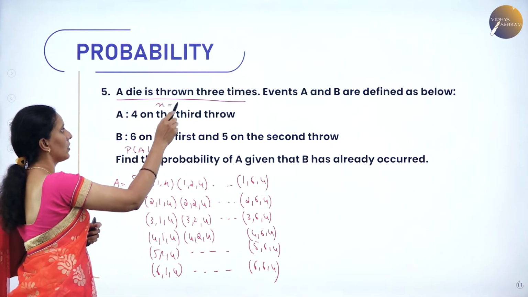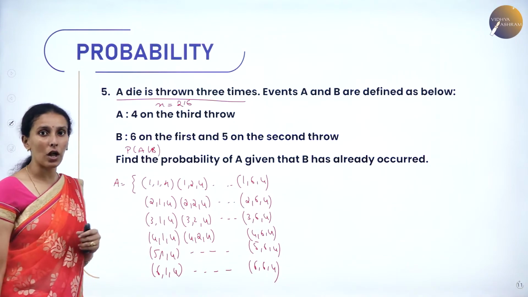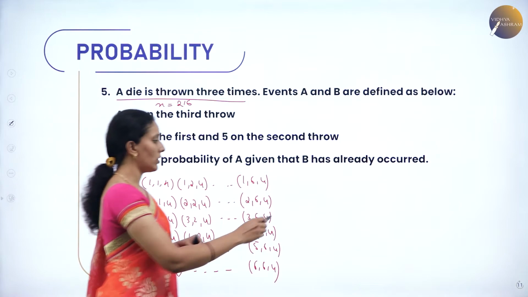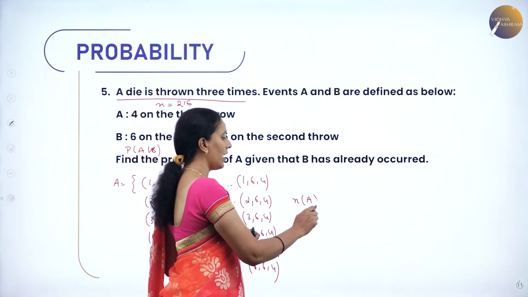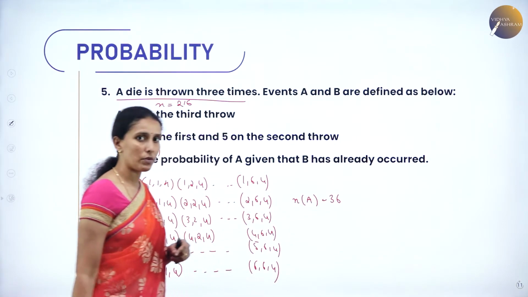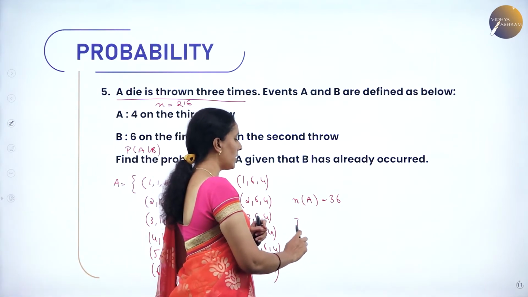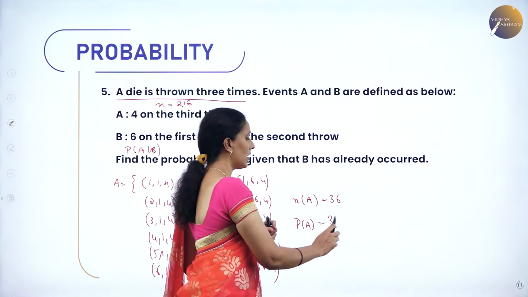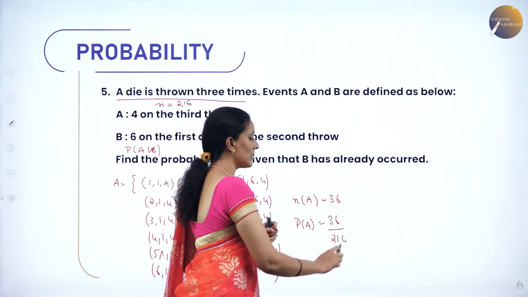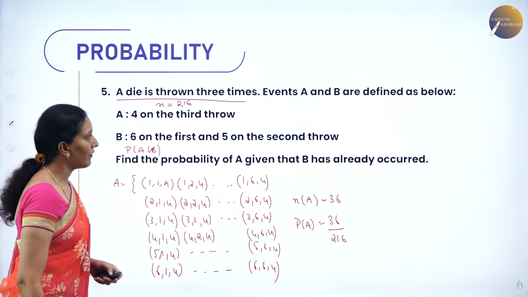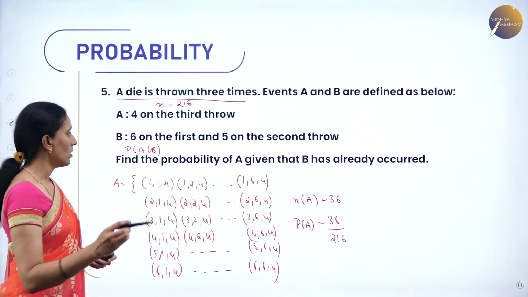So n equal to 216 is the total outcomes. For event A, the number of outcomes is 36. Therefore the probability of A is 36 divided by 216. Now let's take the event B: 6 on the first and 5 on the second throw.